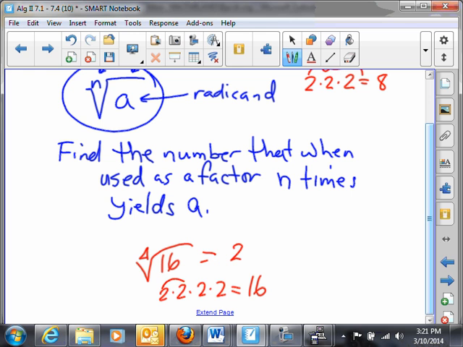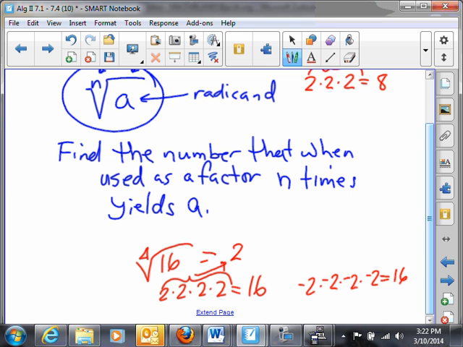So when we use 2 as a factor 4 times, we get 16. But you probably realize that 2 isn't the only number that can be used as a factor 4 times to get 16. Also, negative 2 times negative 2 times negative 2 times negative 2 gives you 16.